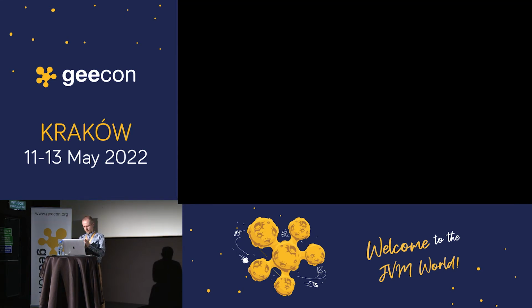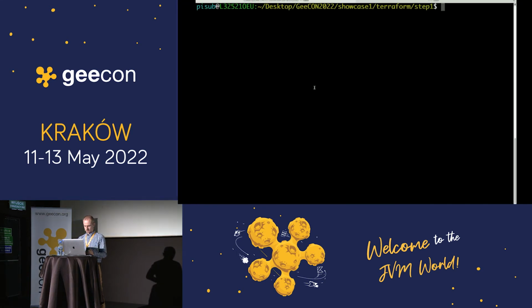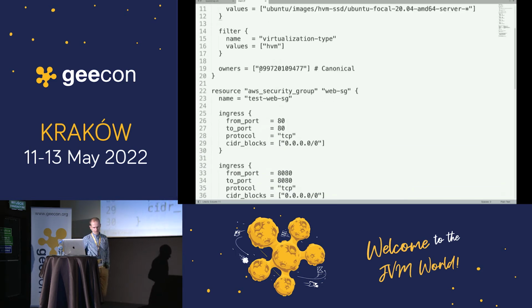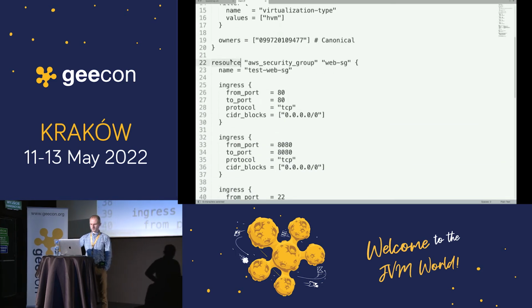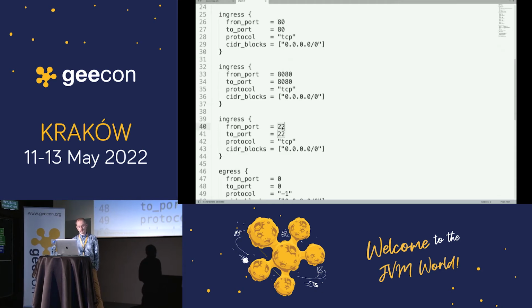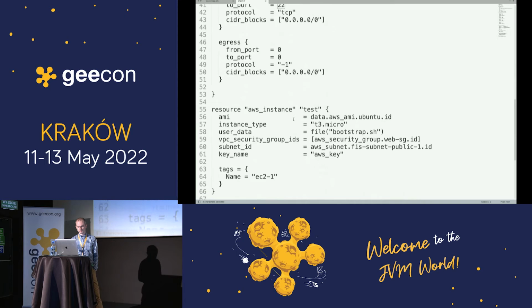deploy the architecture that I've just mentioned, and for that we're going to use a very simple Terraform code, which is basically going to deploy a security group opening ports 80 and 22, in case we need SSH and debugging.